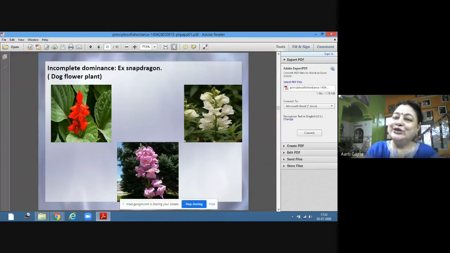So it is totally different from both parents; it is neither red nor white, it is pink. And this does not comply with Mendel's law of dominance. So this is a completely different phenomenon.